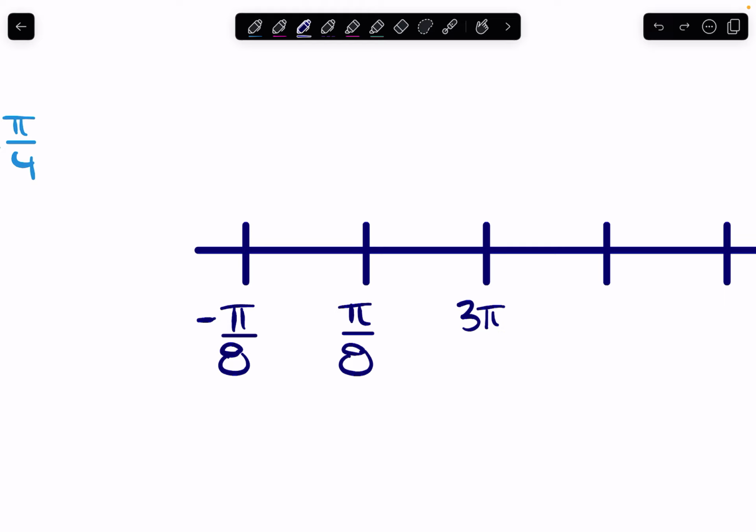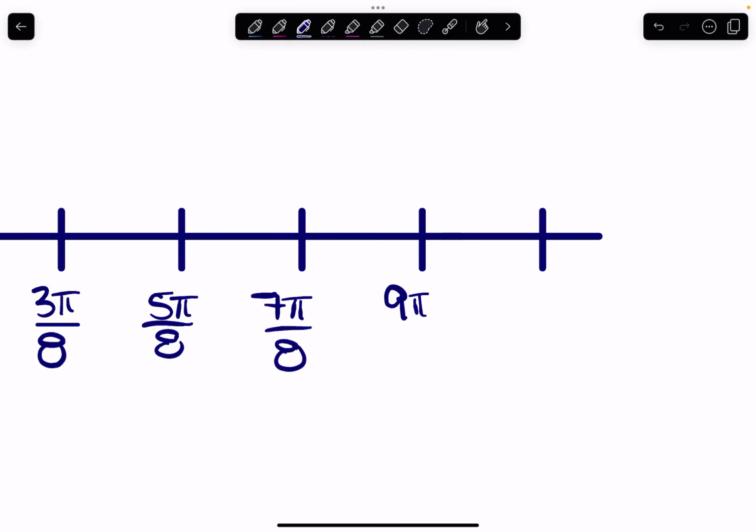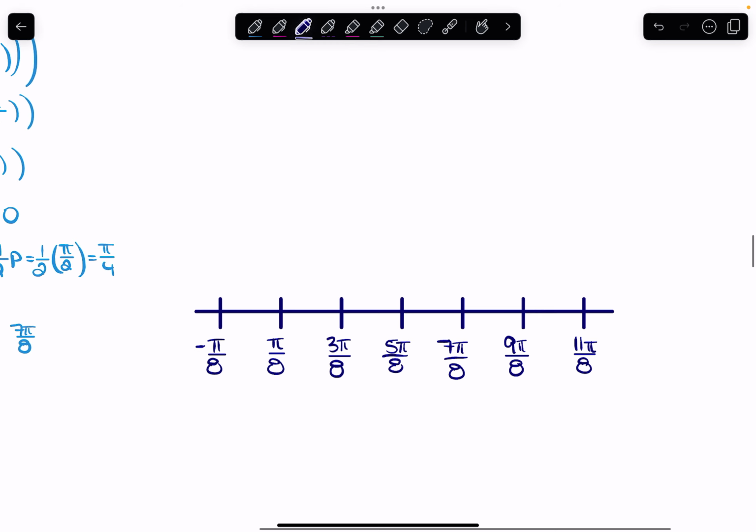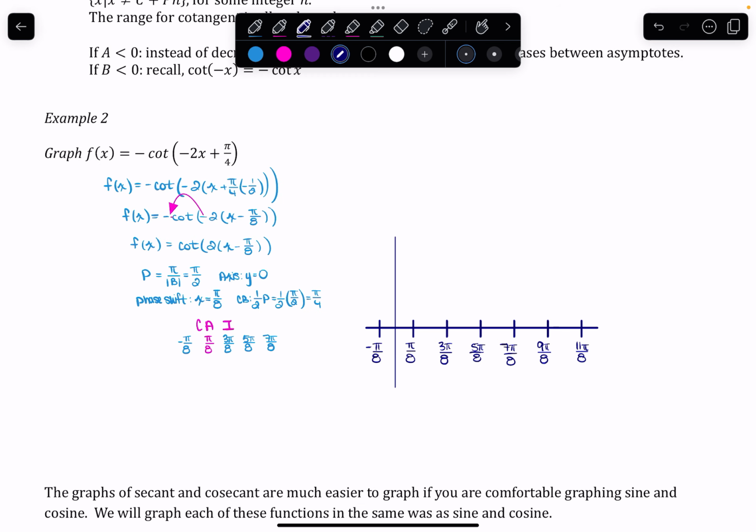Oh, that's crooked. 7, 9, and 11. I'm just going to go till I run out rather than shorten the graph. All right, y-axis is going to go right in the middle here. So I got that drawn in. I don't need any values labeled on the y-axis since there was no vertical shift.